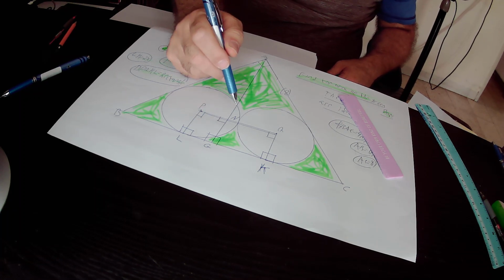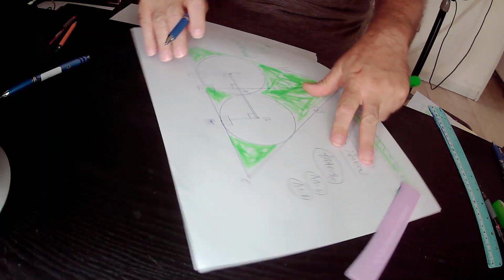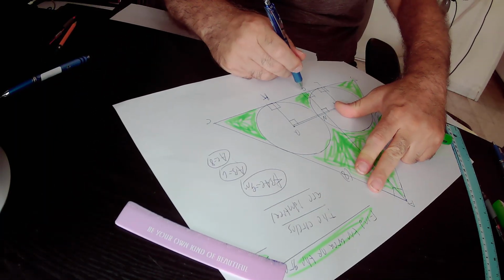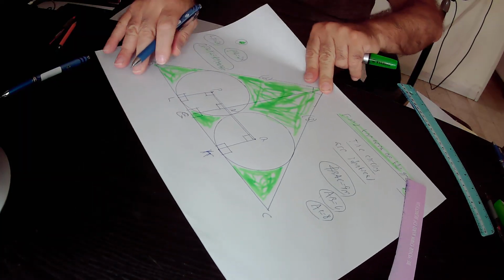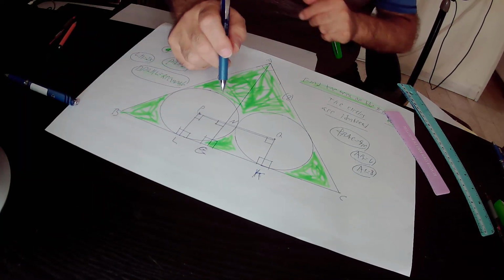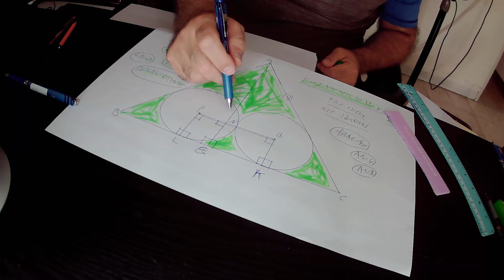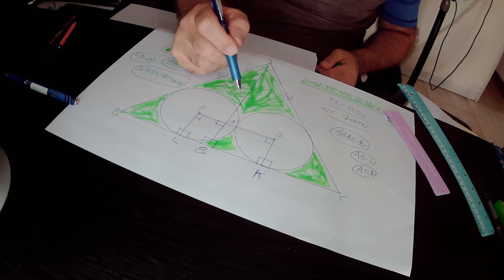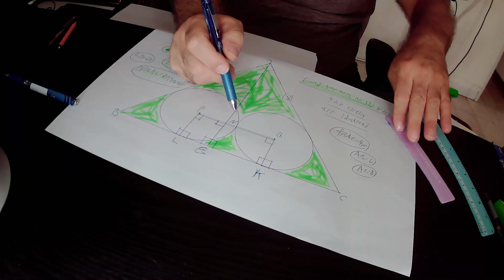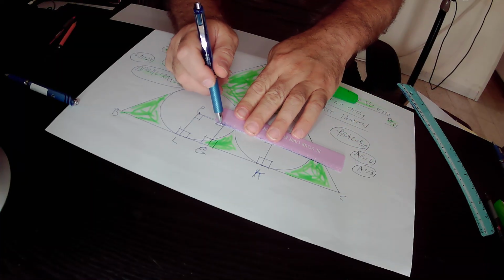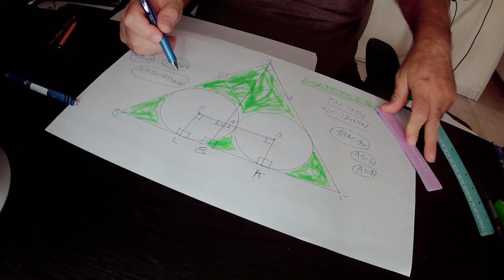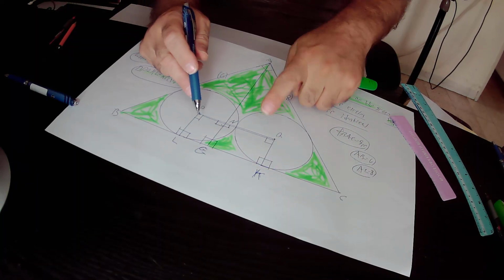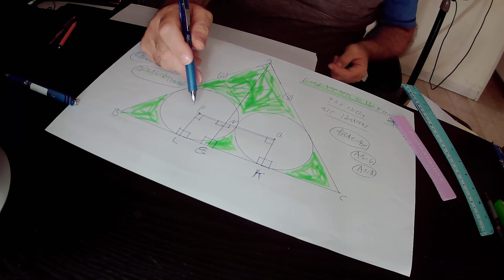No, this is letter G. So in the big quadrangle NGKQ, we have 1, 2, 3 right angles, and the fourth angle must also equal 90 degrees. So those two quadrangles are both rectangles, because they have 4 right angles.